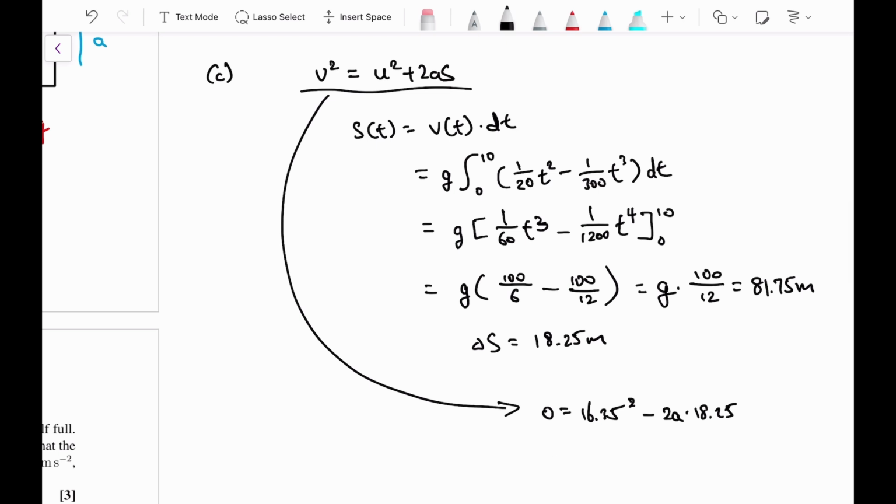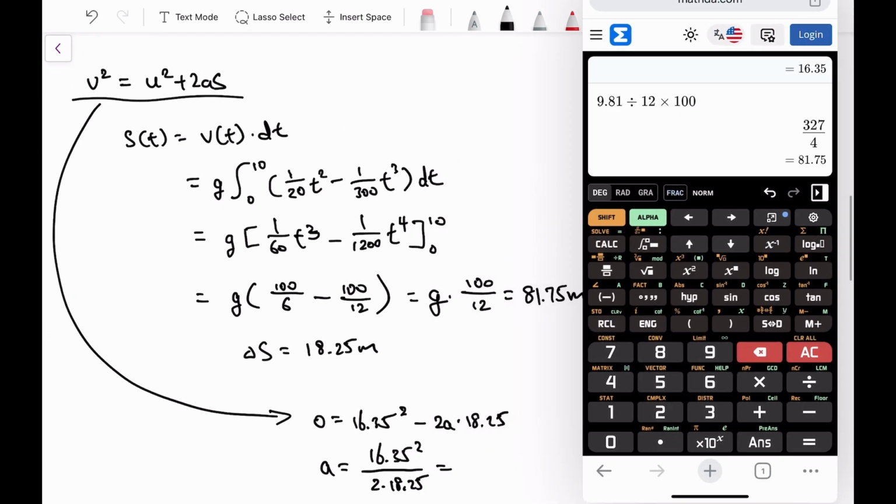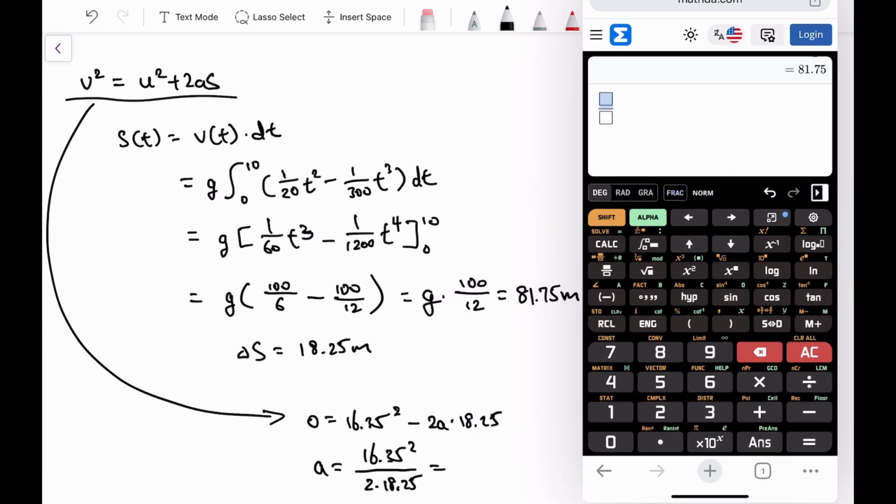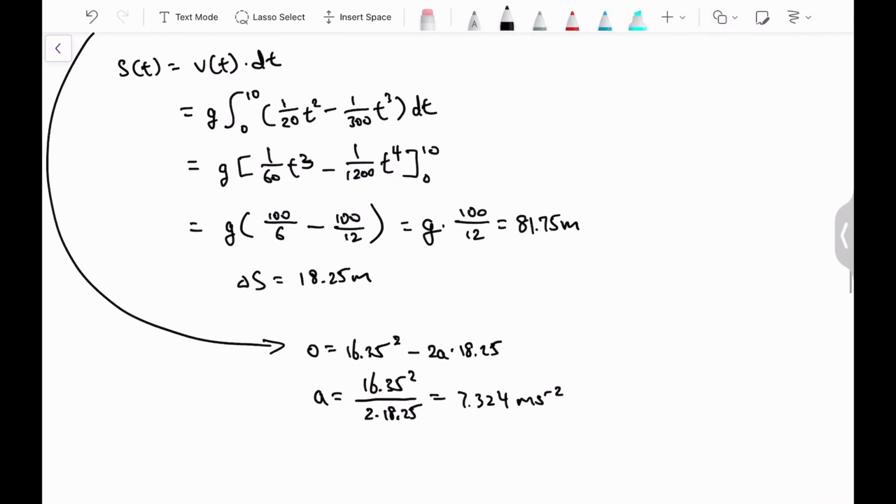And so therefore a is equal to 16.35 squared over 2 times 18.25, which is equal to, let me see, 7.324 with 3 decimal places. Okay, so now we know the acceleration.